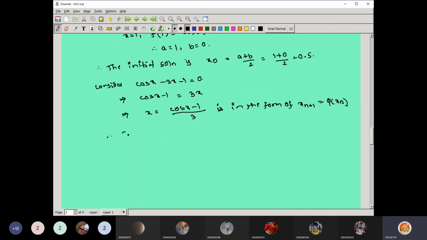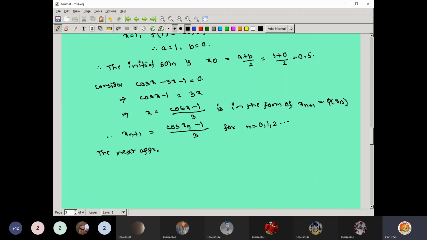So xn plus 1 is equal to cos of xn minus 1 divided by 3 for n taking the values 0, 1, 2 and so on. Once you get that expression, you calculate the next approximate solutions.